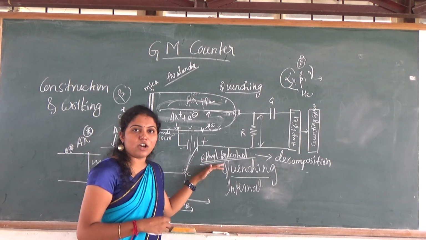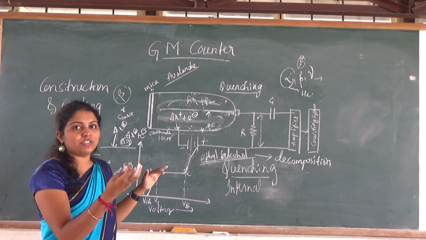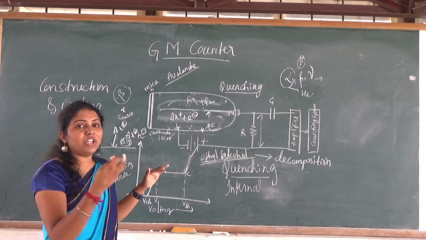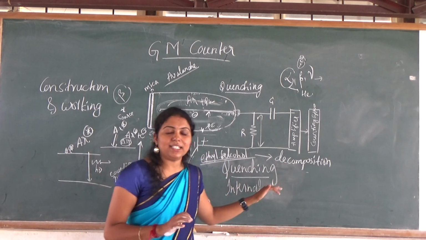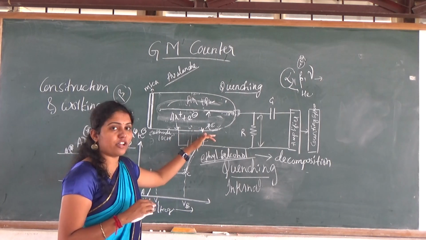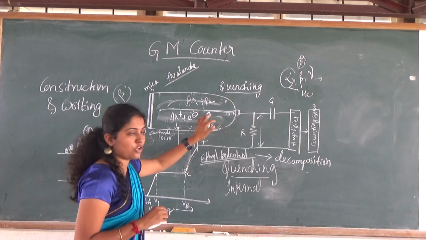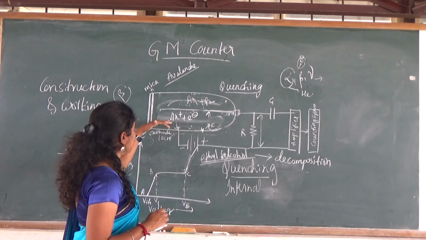This ethyl alcohol will get an electron from the cathode and go to the excited state. During de-excitation it prefers decomposition rather than the emission of a photon. That will be helpful for us to suppress the photoelectron which is formed during the counting.